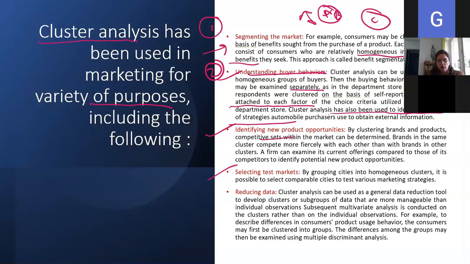And what if I have to do a test marketing before that? How can I do the selection that, instead of going with, say, 28 cities, if I have to go with a smaller number of cities, what can I do with cluster analysis there? How can I use it in test marketing?